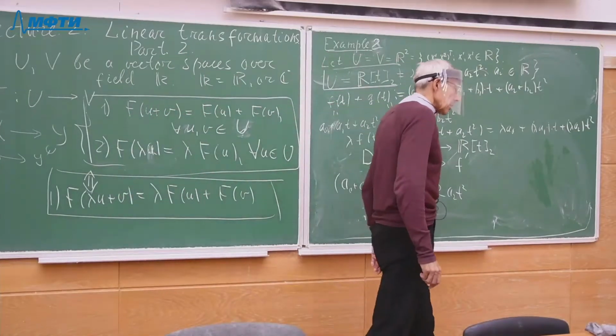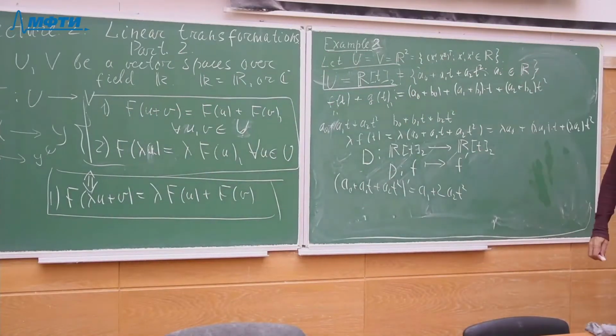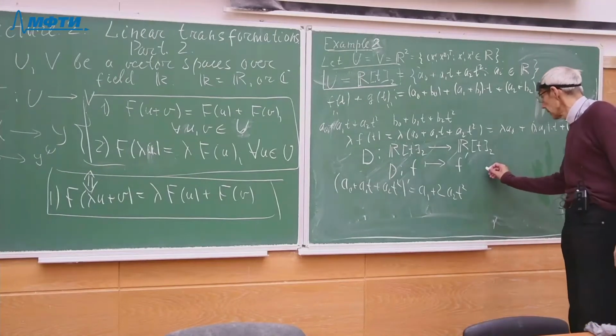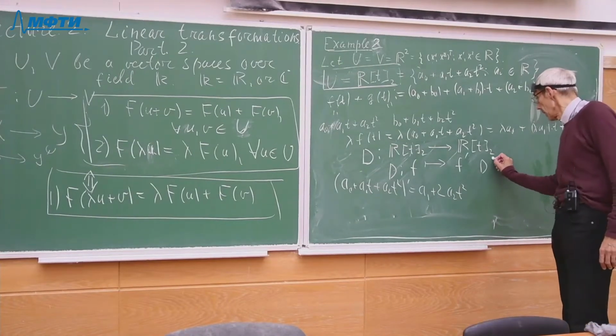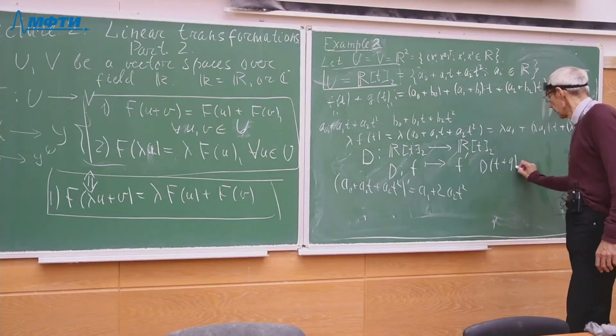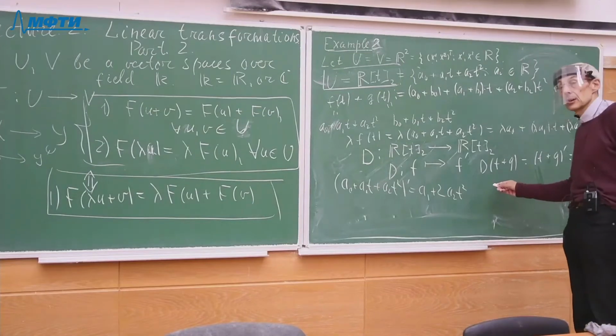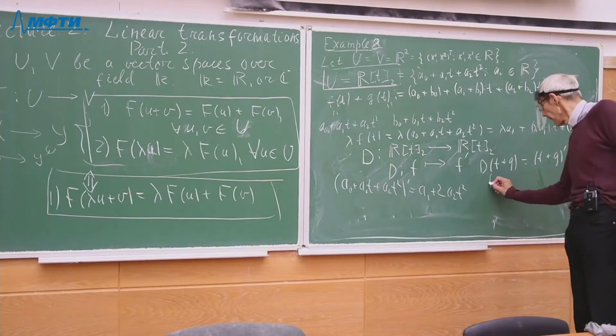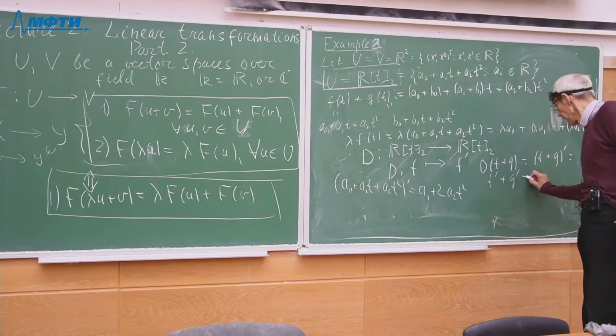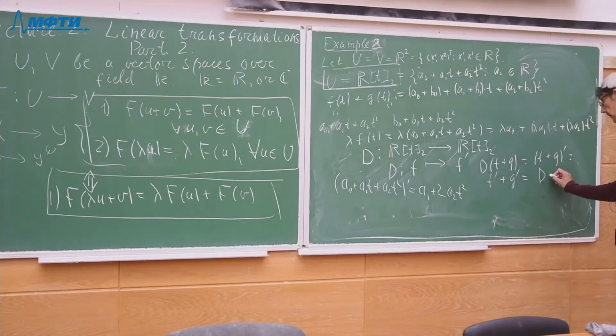And the derivative has the following property of linearity. The derivative of the sum: if we have two polynomials f and g, the derivative of the sum is equal to the sum of the derivatives, D(f plus g) is equal to Df plus Dg.